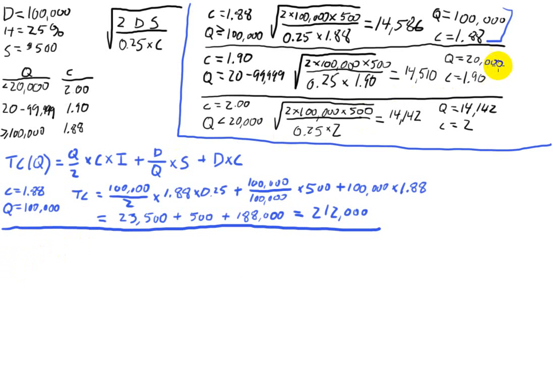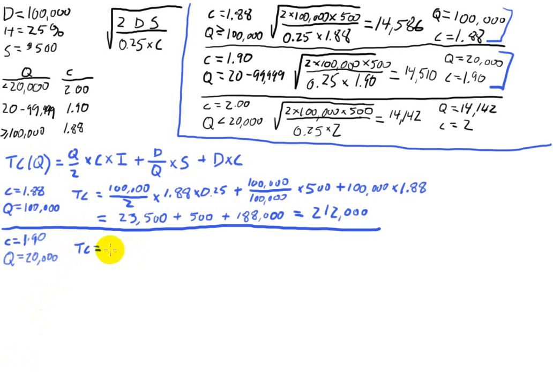So now let's look at our second option up here, which is where the cost is equal to $1.90, and the order quantity is 20,000 units. That's not showing up at all. So, same formula.